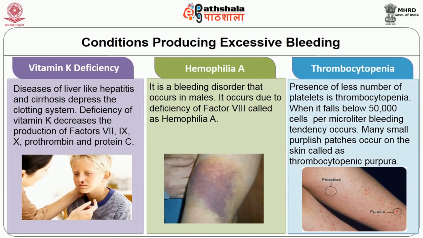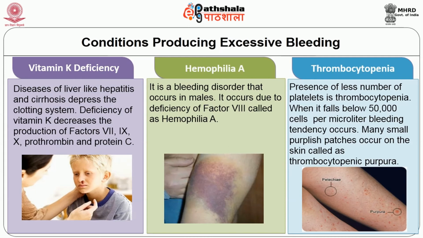The next condition that produces excessive bleeding is thrombocytopenia. A low number of platelets is called thrombocytopenia. This is important because whenever the platelet count falls below 50,000 cells per microliter, a bleeding tendency occurs.